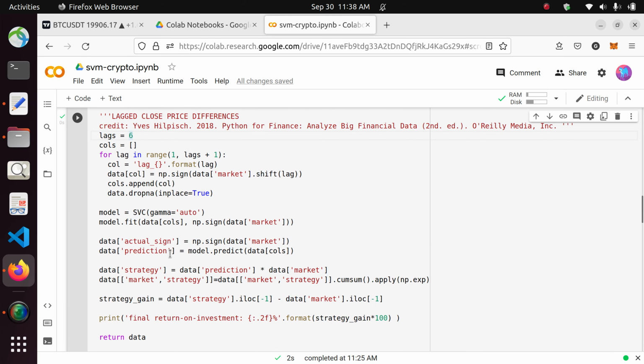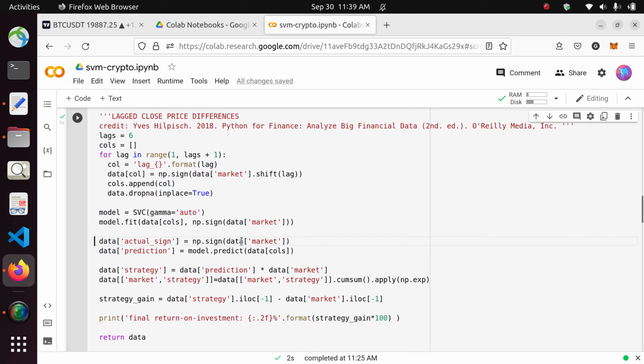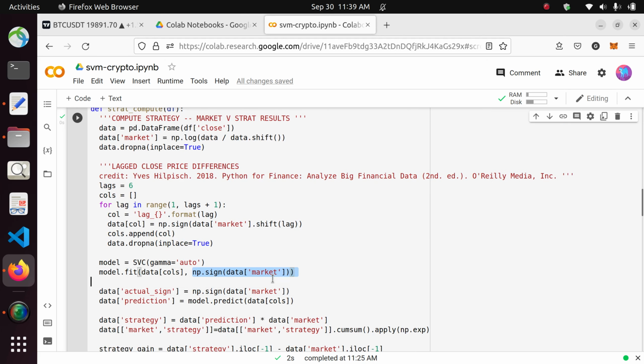Now the last of the remaining points are quite self-explanatory. Actual sign is basically taking the logarithmic rates of returns, what I explained before, and just calculating the sign. This np.sign is the same thing.